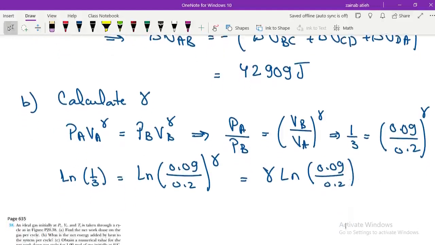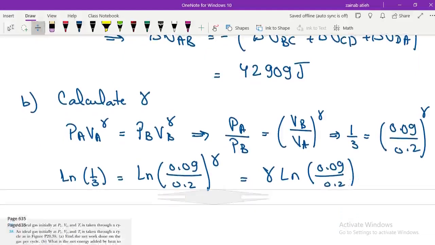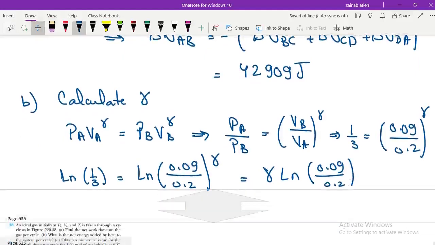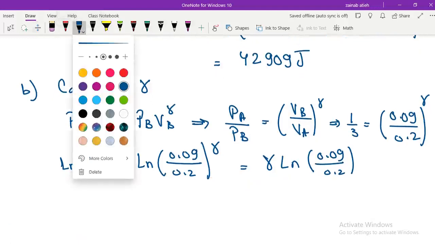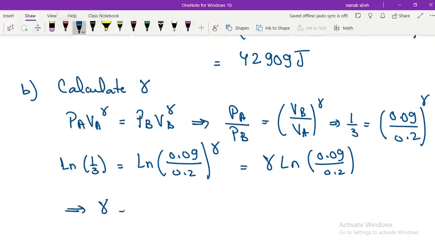Okay, so we do it this way. Now I can find gamma. It implies gamma is equal to ln 1 over 3 divided by ln 0.09 over 0.2. Remember that gamma must be greater than 1.